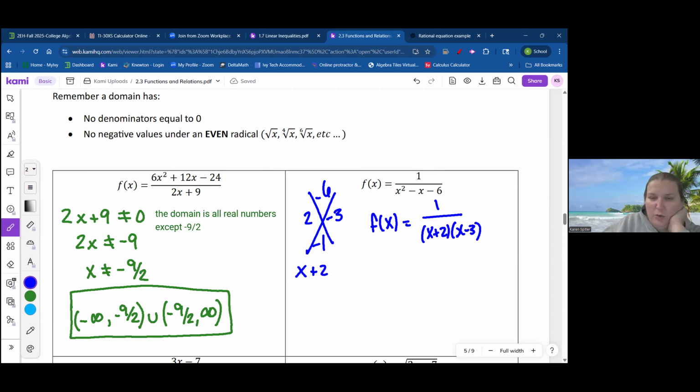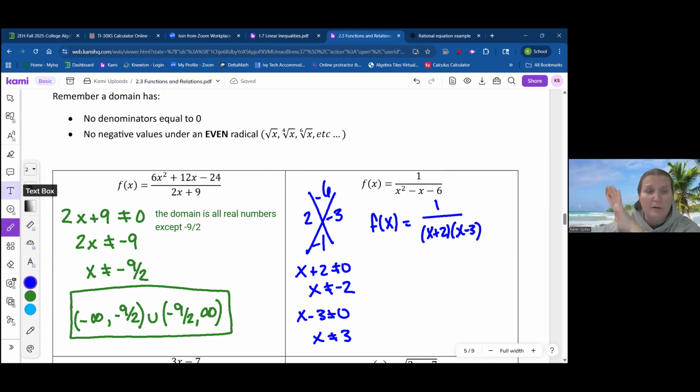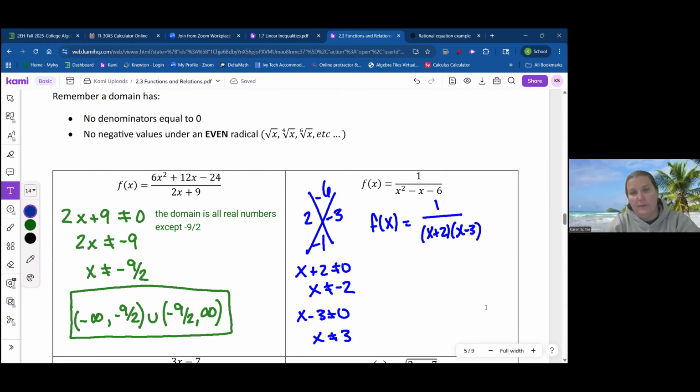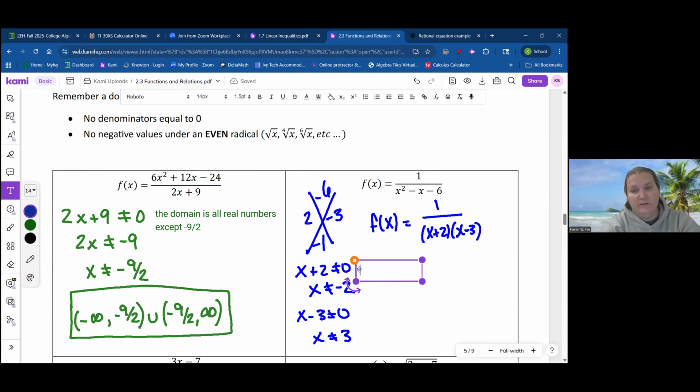So x plus 2 cannot be 0, which means x cannot be negative 2. And x minus 3 cannot be 0, which means x cannot equal 3. Okay? So my domain is all real numbers except negative 2 and 3.